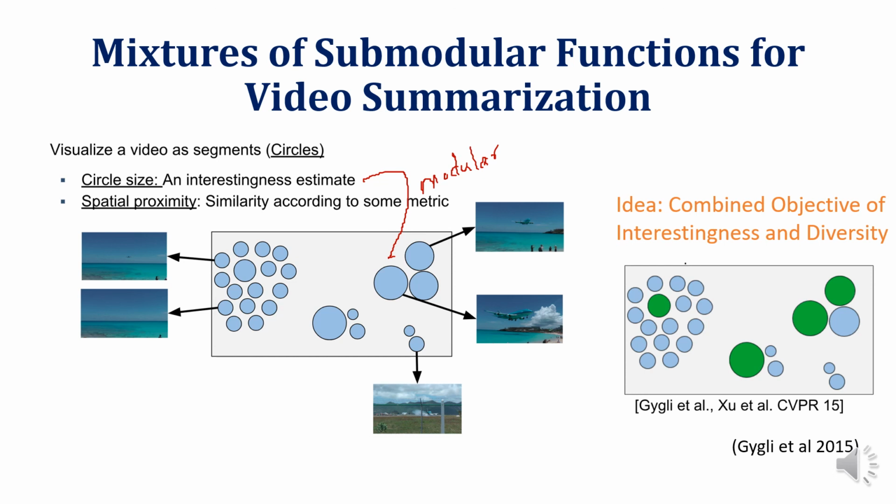And the idea is a combined objective of interestingness and diversity. The notion of interestingness is obviously modular. So therefore the size of the circle is basically a modular estimate, modular function.